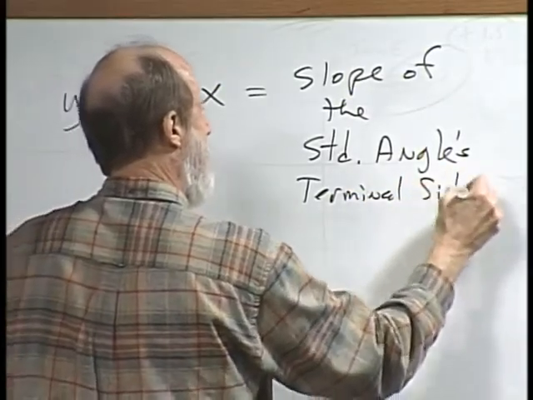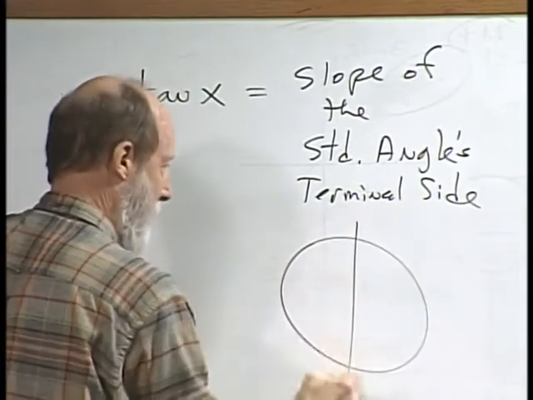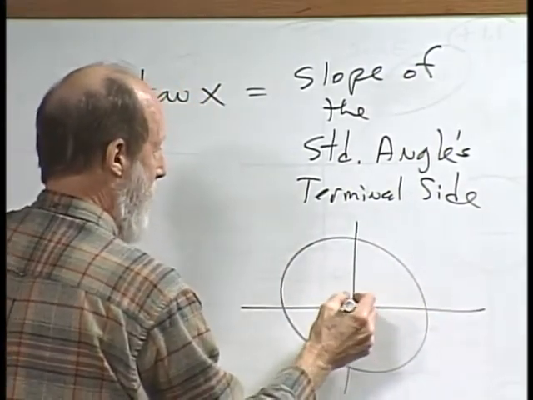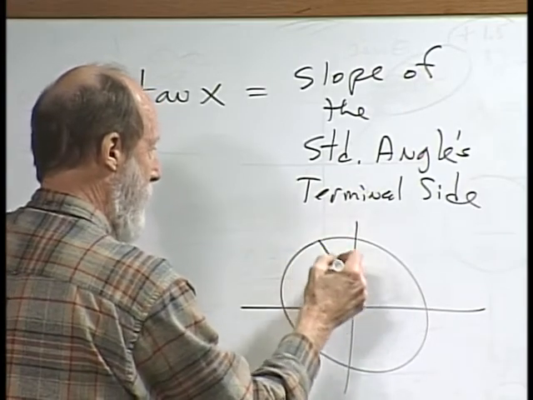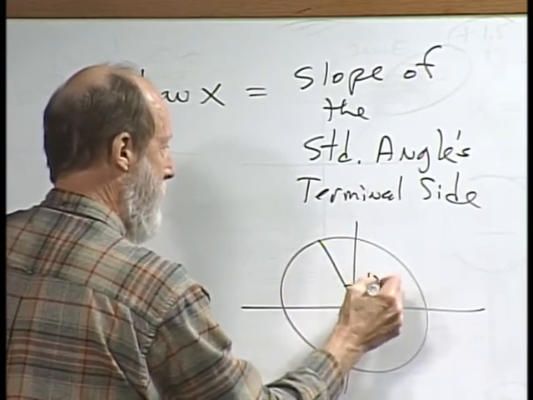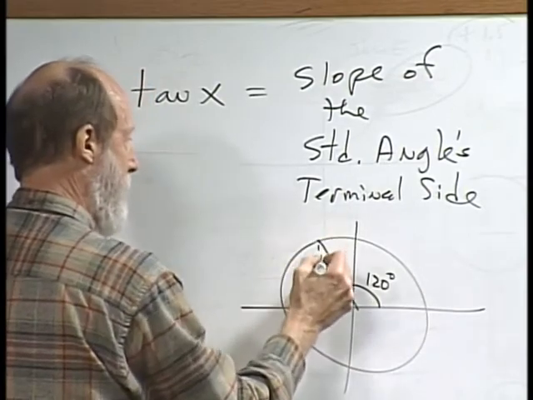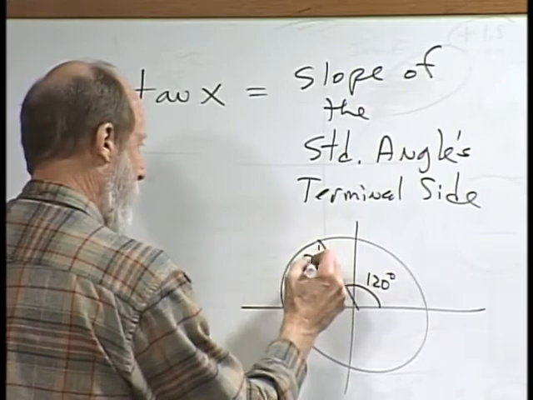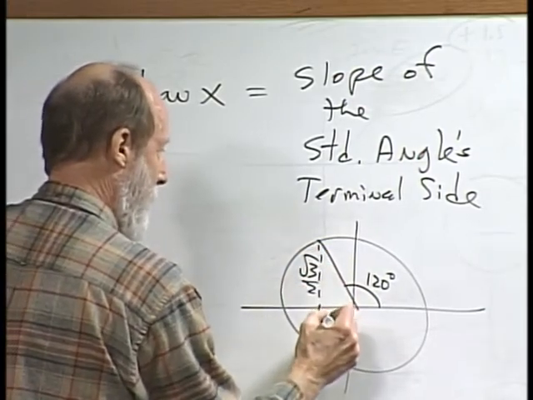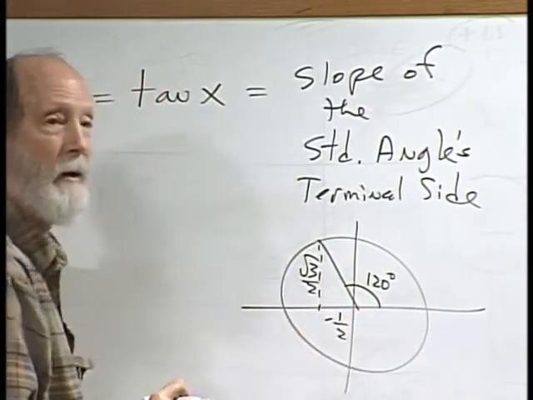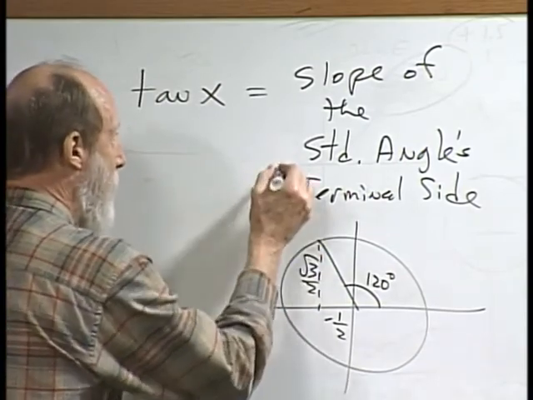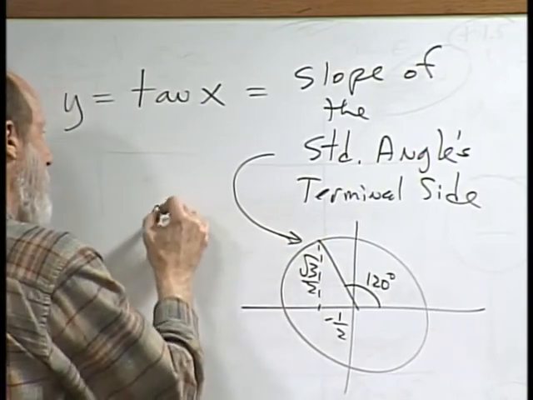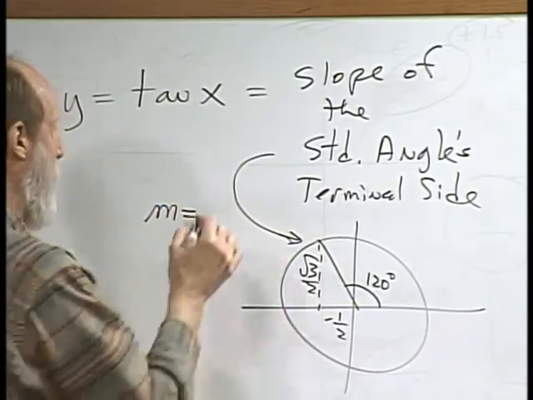For instance, back on our unit circle, if we took a standard angle, say at 120 degrees, at 120 degrees on our unit circle, we know this is square root of 3 over 2, and we know this is negative 1/2. And that slope right there of that terminal side is negative square root of 3.